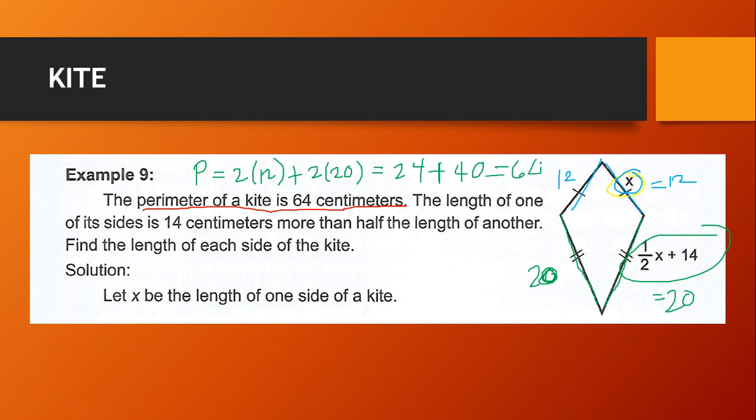So sakto ang solution. So what's the answer? The length of each side of the kite are 12 centimeters, another 12 centimeters, then 20 centimeters, and another 20 centimeters. So that is your final answer. 2 ka 12 and 2 ka 20. Okay?